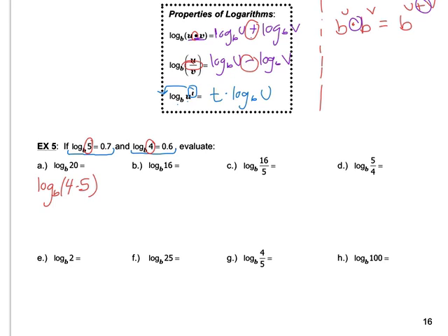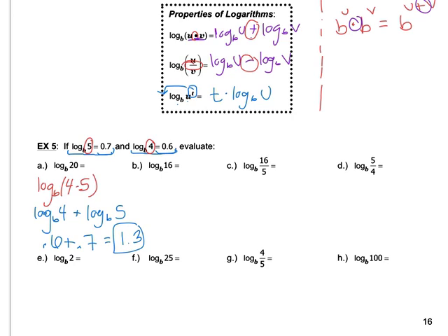So this is the same as log base b of 4 plus log base b of 5. Well, we were told log base b of 4 is 0.6, and log base b of 5 is 0.7. So log base b of 20 is 1.3.